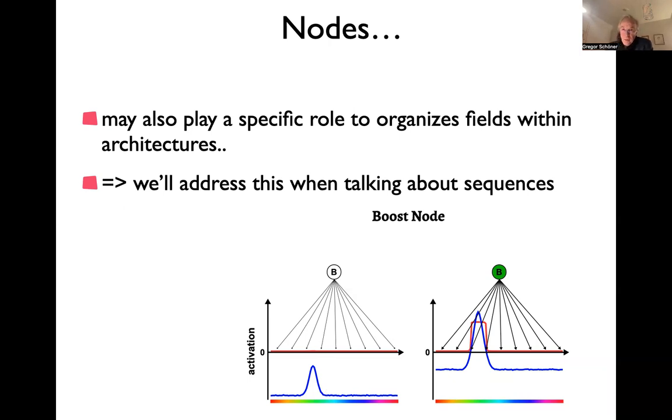This is what I illustrated when I showed you this simulator, and you had an exercise about that when you applied the boost, and the boost would then not come from some slider in some program, but from a neurodynamic node that becomes activated and then makes that boost. So nodes play a special role and are actually an extension of our dynamic field concepts. We'll talk about that in the new year.